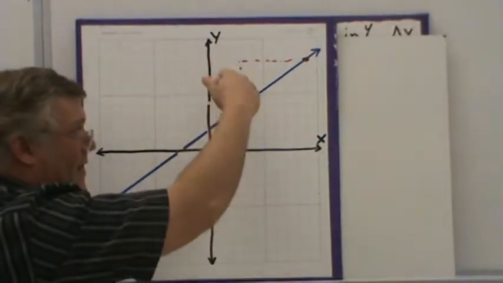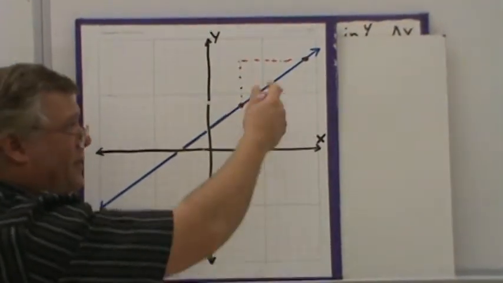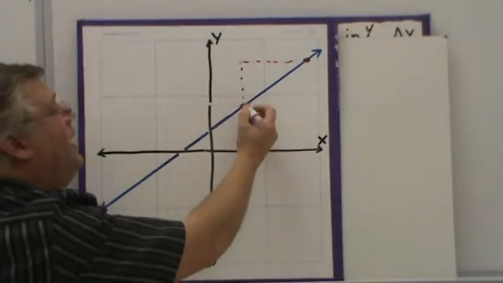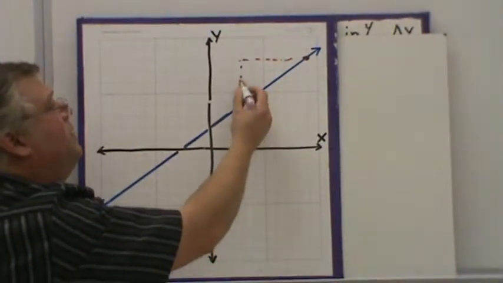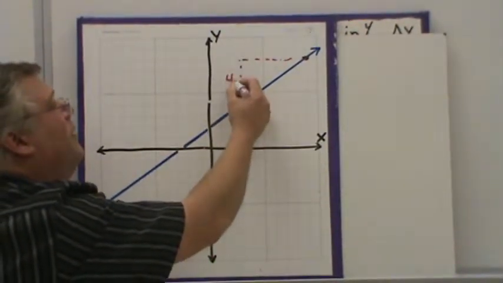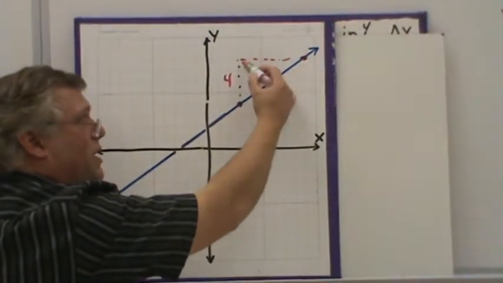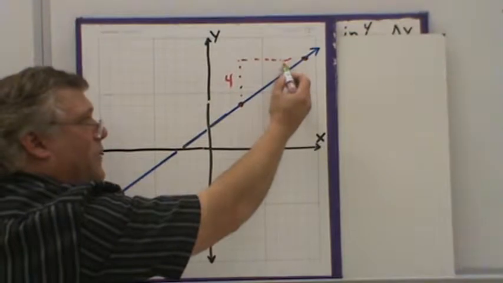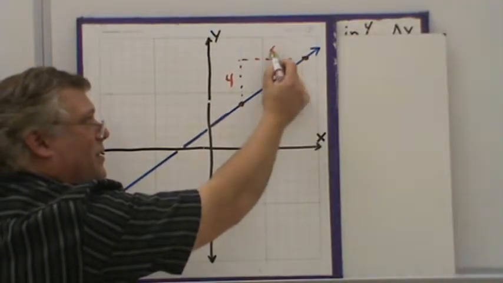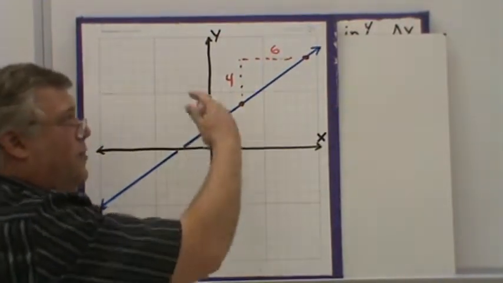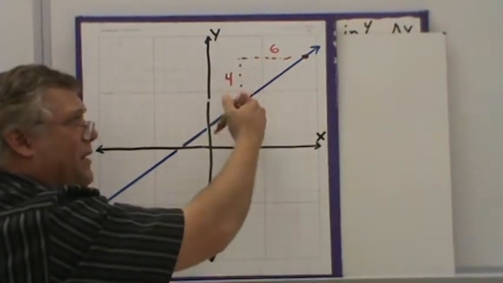This will help me to figure out how far up and how far over it is to get to that next point. To get up there, I count up 1, 2, 3, 4. There's a change of 4 there. And then over here, there's a change of 1, 2, 3, 4, 5, 6. So my change in the height is a change of 4.